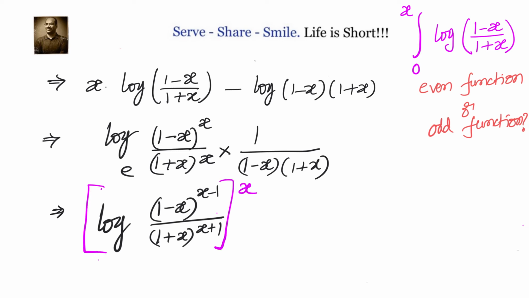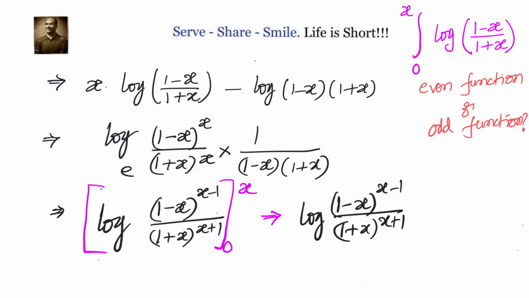When we apply the boundaries, what we are getting is actually the same function again. For the upper boundary, we get the same answer, (1 minus x) whole to the power of x minus 1 divided by (1 plus x) whole to the power of x plus 1. And for the lower boundary, we get log of 1, and log of 1 is 0. So we are getting the same function, whatever we were trying to integrate. After the integral also we are getting the same function.